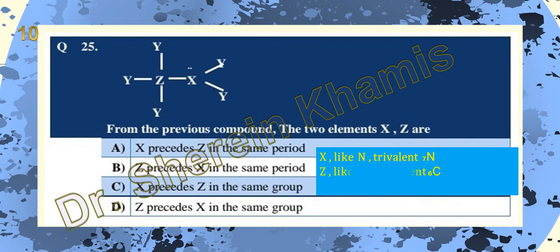Also Z is like carbon, which is tetravalent, so it is surrounded by 4 electrons that all make bonds. So Z precedes X in the same period, as Z is carbon with 6 and nitrogen is 7. So Z comes before it, and the right answer is letter B.